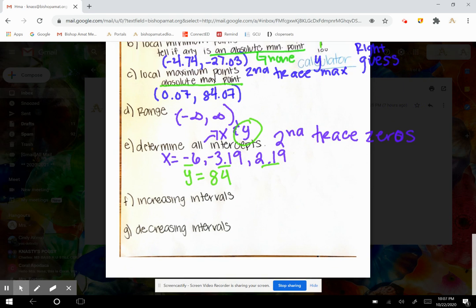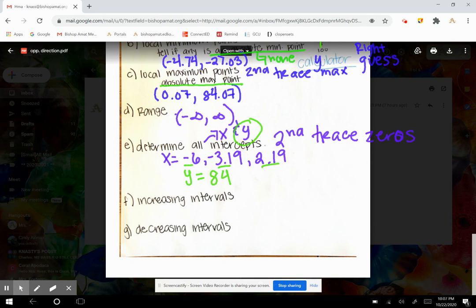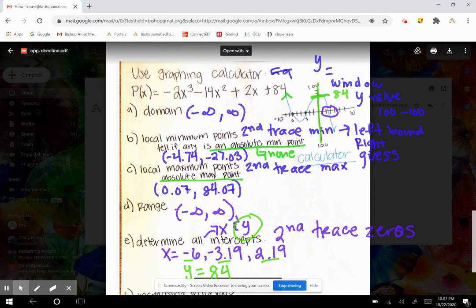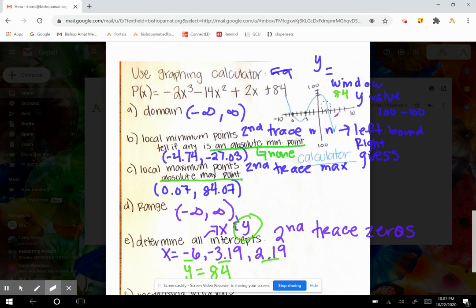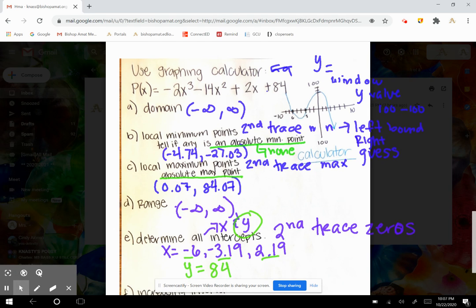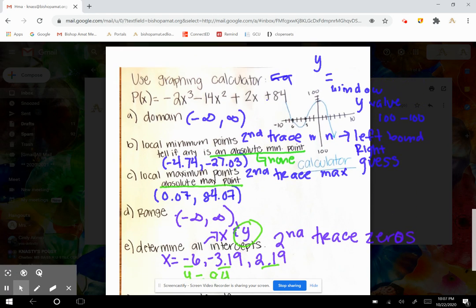Okay, last 2 questions. Increasing intervals and decreasing intervals. Okay, looking at this, where does it increase and where does it decrease? So we have a couple. What's the first question? Increase. Okay, where does it increase? Well, it increases really starting here all the way to like here.